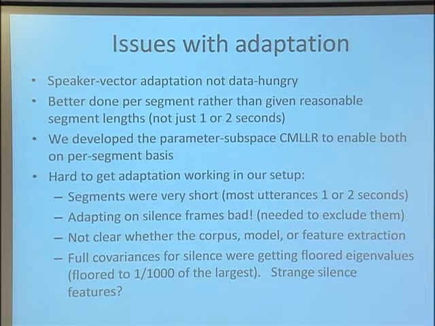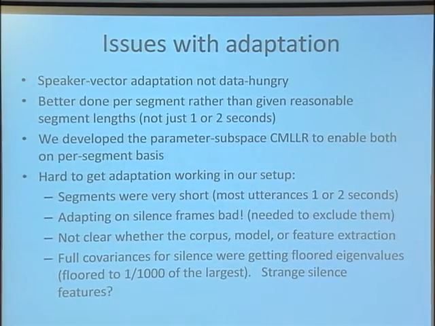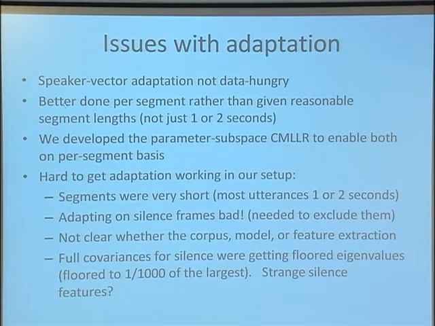Okay, so I just want to talk about our difficulties with adaptation. The adaptation hasn't really been working quite as well as we would have hoped, and not as well as it worked for me in IBM. In my setup in IBM, the speaker vector adaptation doesn't need a lot of data. There's just 40 or 50 parameters to estimate. So I would typically do it per segment.